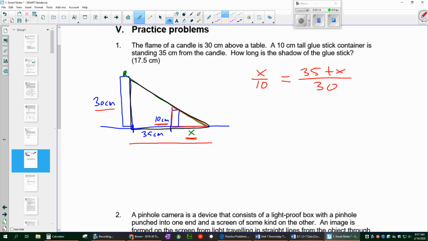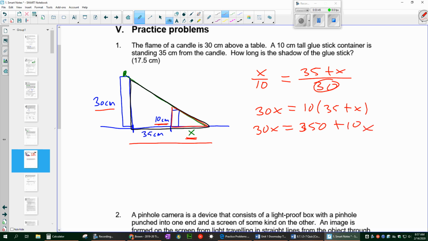Now we're just dealing with a little bit of algebra. You guys okay with what they just did there? Okay. All right, so bringing it up, we'd have 30x equal to 10 times 35 plus x. I'll distribute that in, so we get 30x equals 350 plus 10x.